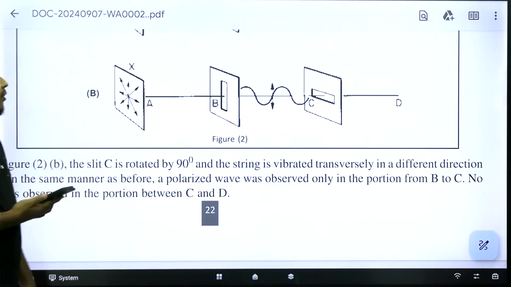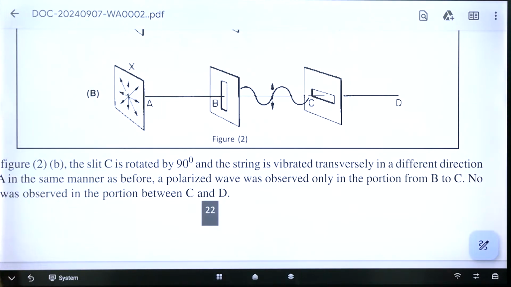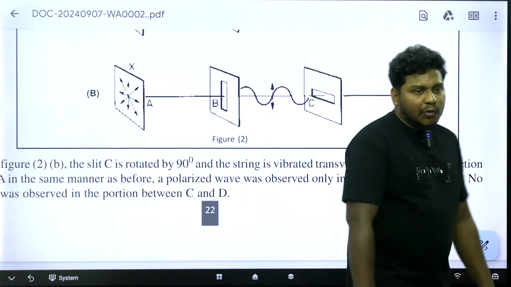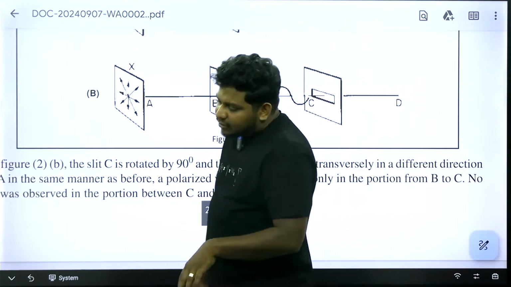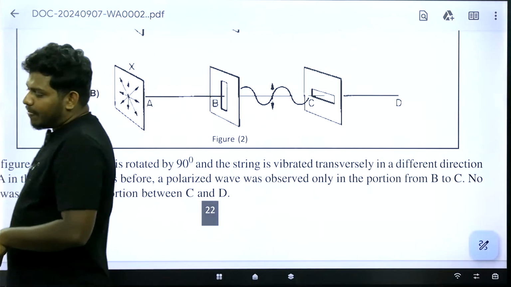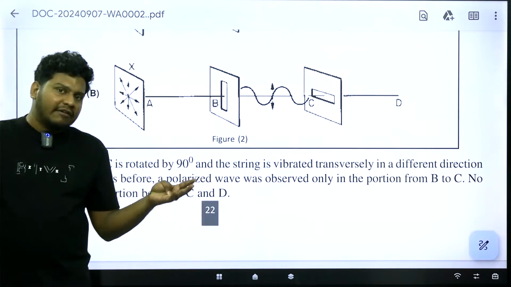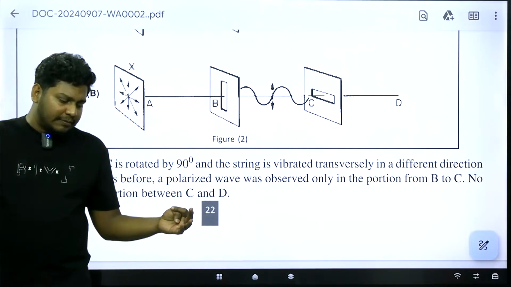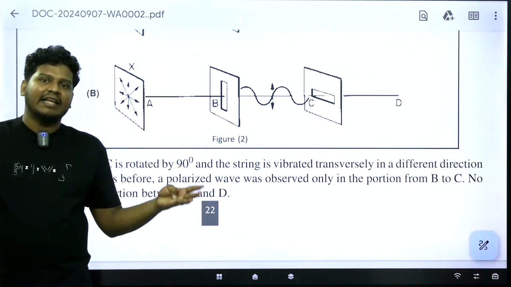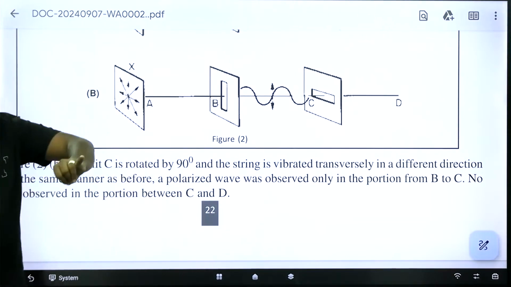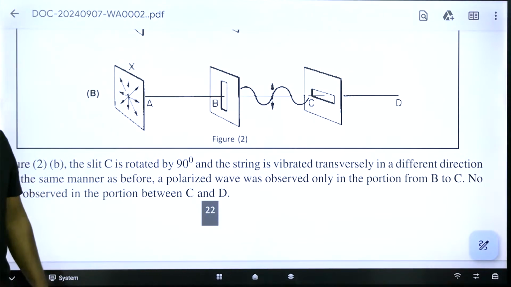Okay, right. So this is polarization. Students, these are the important characteristics of the waves: reflection, refraction, diffraction, polarization, and superposition.